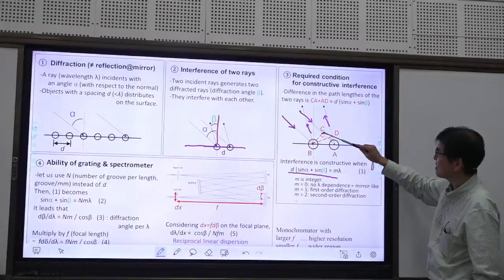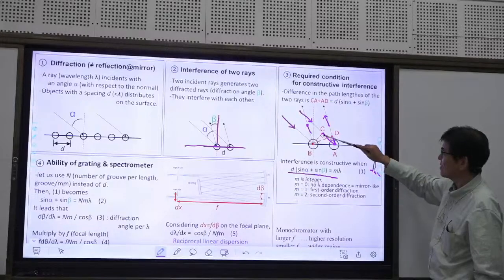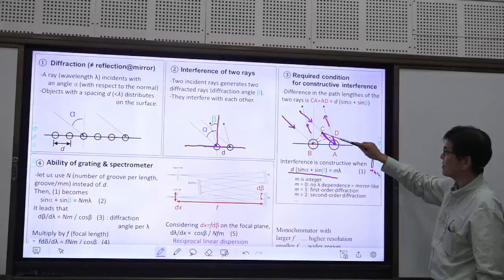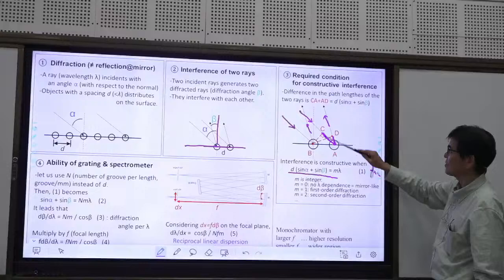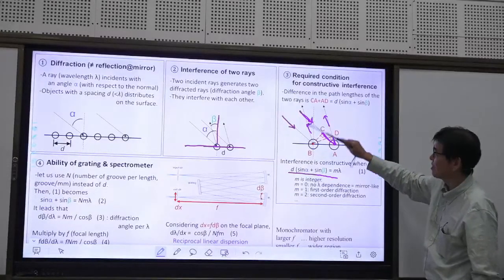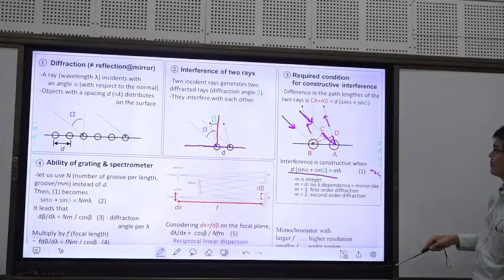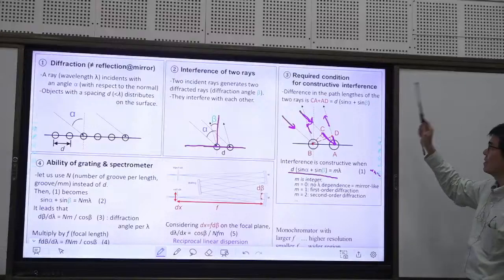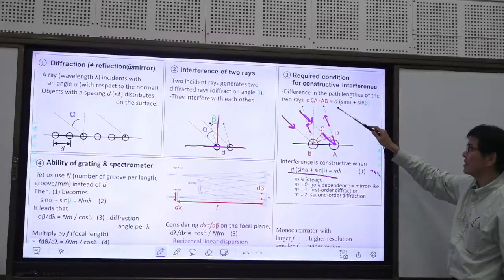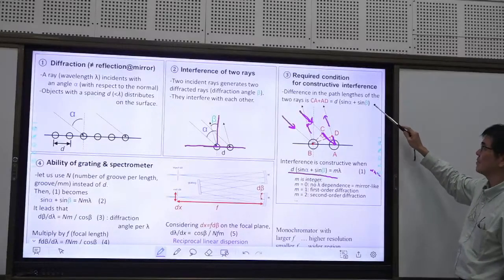CA is this distance, AD is this distance. So this length is the excess traveling distance for this ray in comparison to the first ray. And CA plus AD is equal to d times sine alpha plus sine beta.